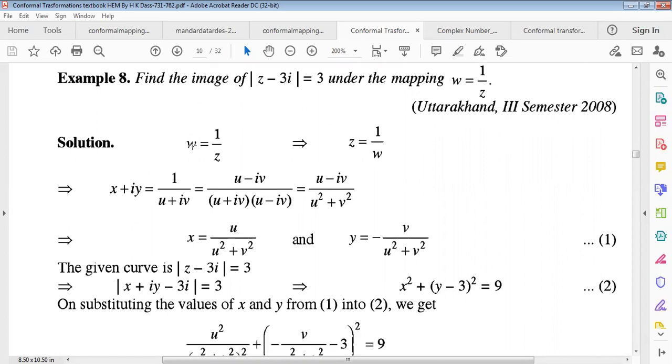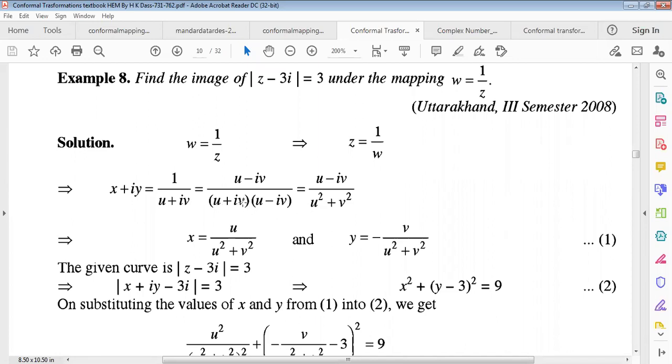Now the solution. This is the given W equals 1 by Z. From this we can write Z equals 1 by W. Z equals X plus iY, a complex number in Z plane, and in W plane, W equals U plus iV. Similarly, you can take U minus iV in both numerator and denominator to make the formula (a plus b) into (a minus b).